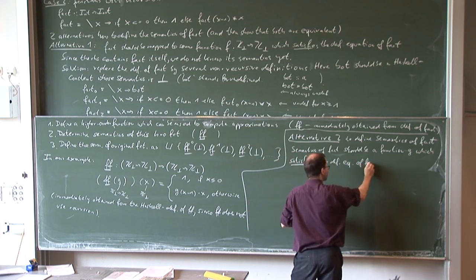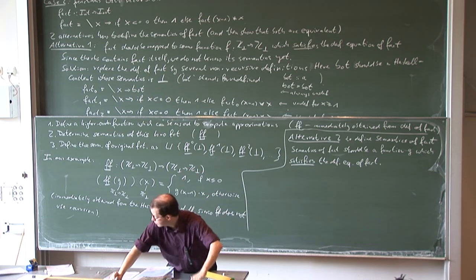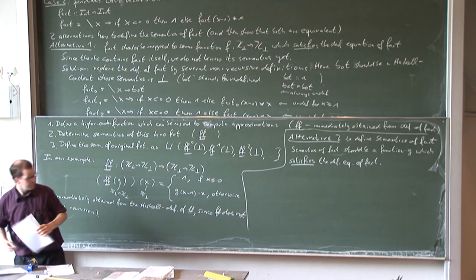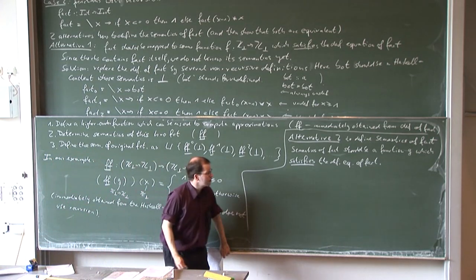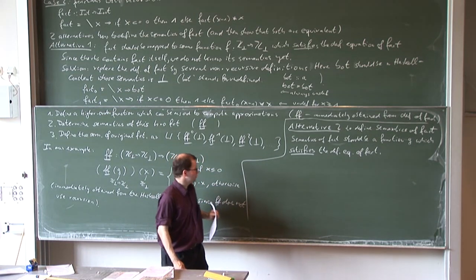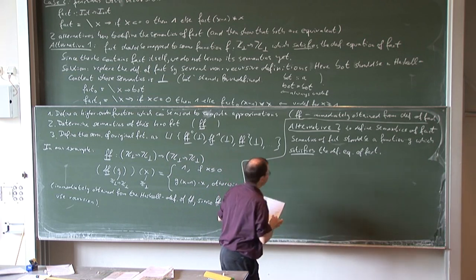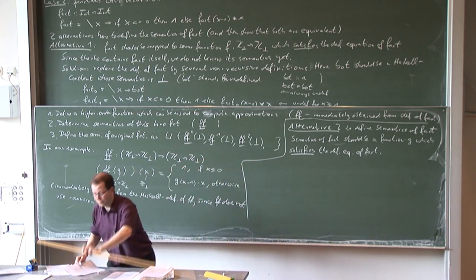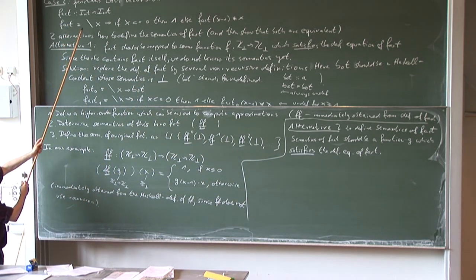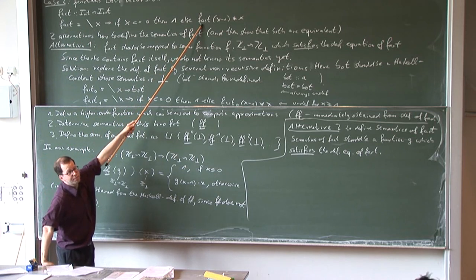Now, what does this mean? Satisfying this defining equation of fact means that whether I take this function g or whether I take the right-hand side where fact is replaced by g, that should be the same.